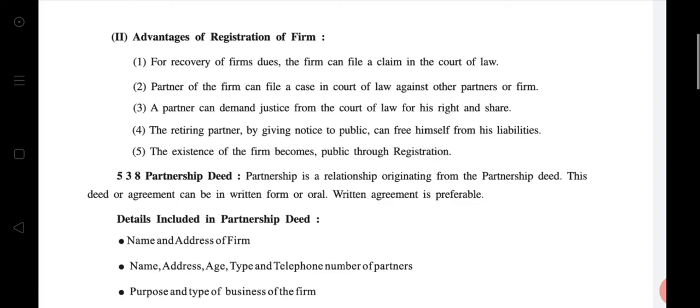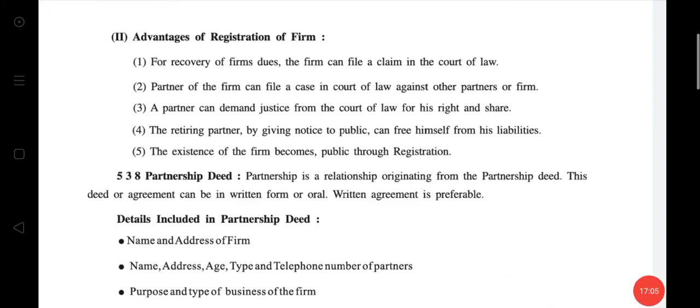And the existence of the firm becomes public through registration. It is a very big advantage of registration of firm. Because without registration, a partner or a partnership firm cannot get any of these advantages. So registration of firm is advisable due to this type of reason.